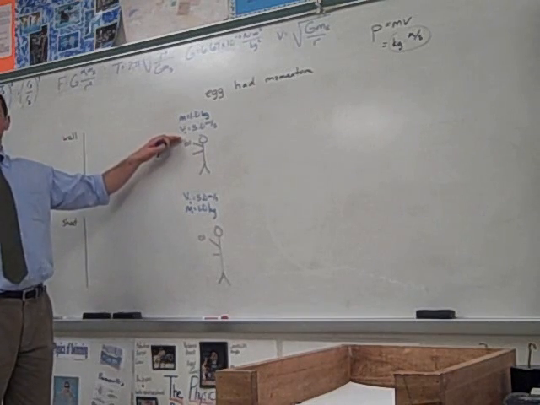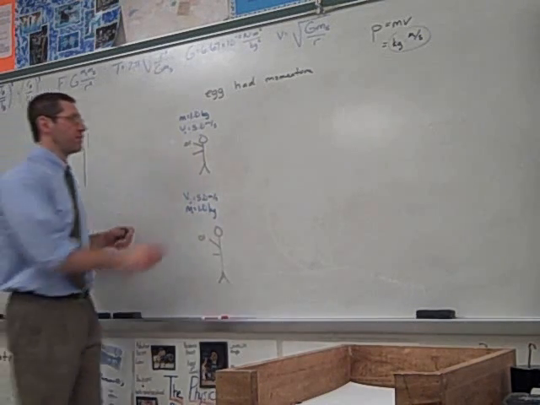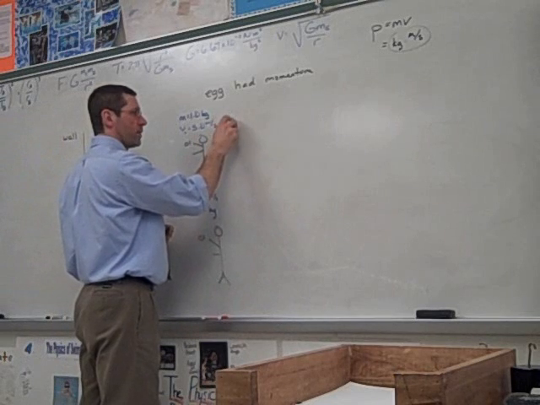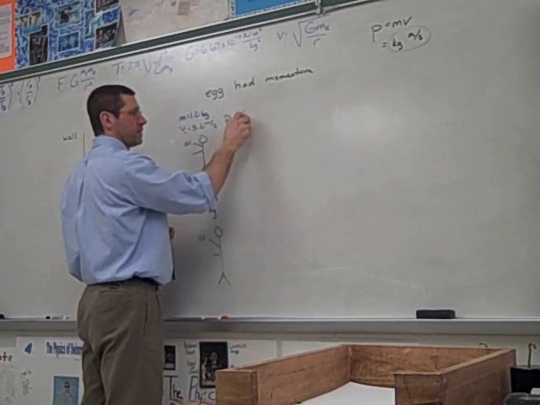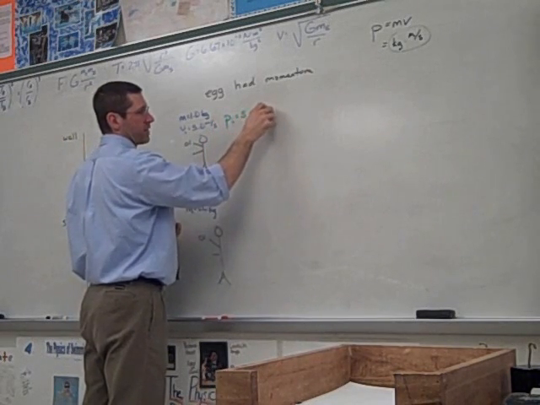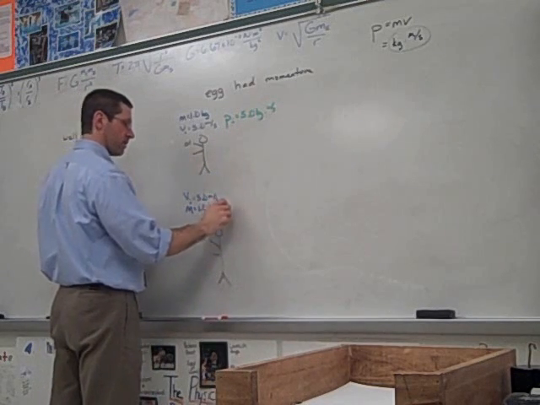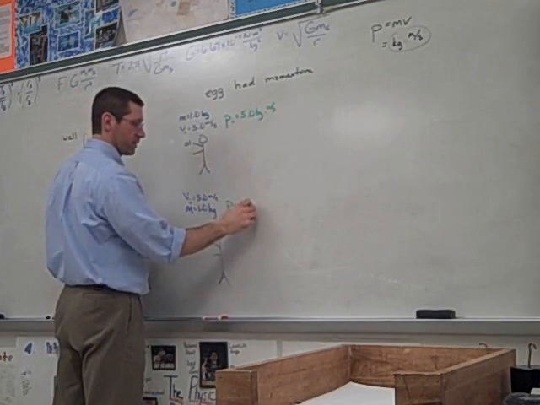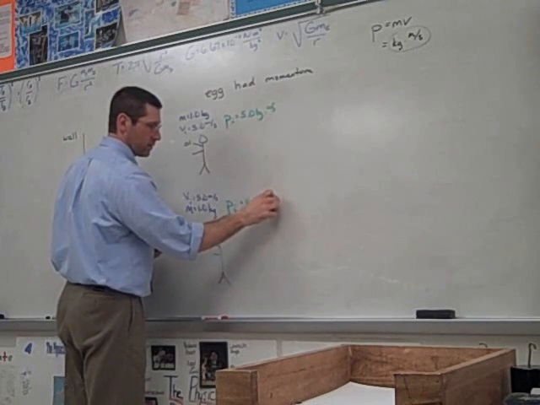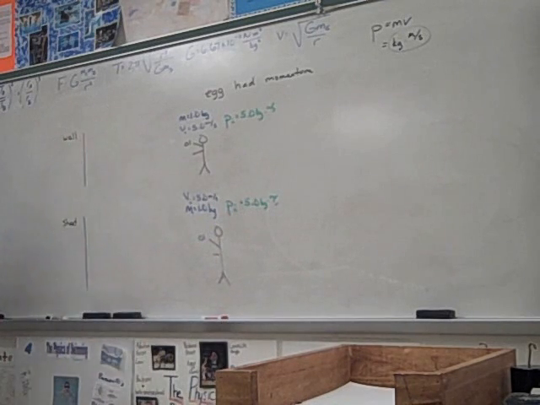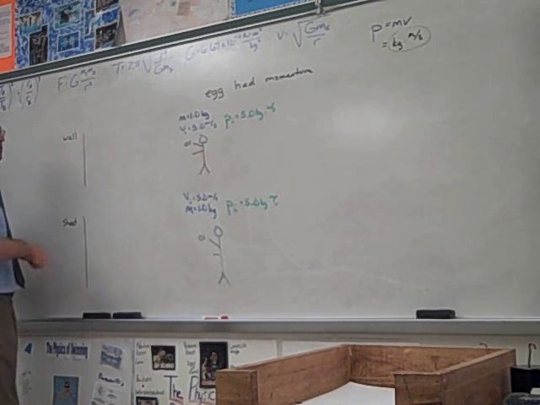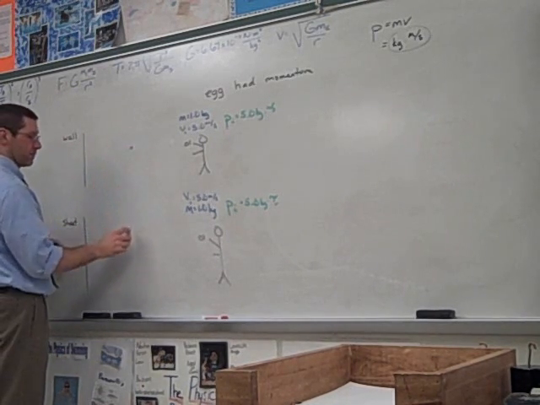What is the initial momentum of the egg? 5, right? So the p initial, or the initial momentum, is 5 kilogram meters per second. And the same thing in this situation, 5 kilogram meters per second. Now that egg has momentum. Think of that as something that it has. It's going to travel through the air in possession of 5 kilogram meters per second of momentum.